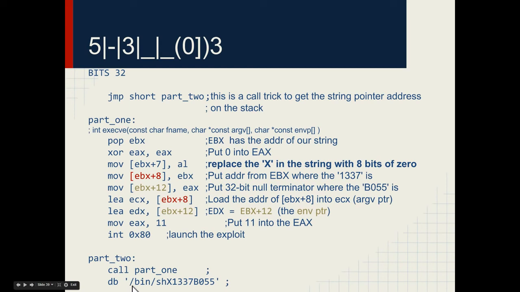EBX now has the address to a string that contains bin sh. However, it has all this extra crap on it. This is just a dummy placeholder to demonstrate what we're doing. So we're going to zero out EAX. And then, with EAX now as the null register, containing all zeros, if we move 1 byte, 8 bits, into EBX plus 7, so that's 1, 2, 3, 4, 5, 6, 7, EBX would point here.